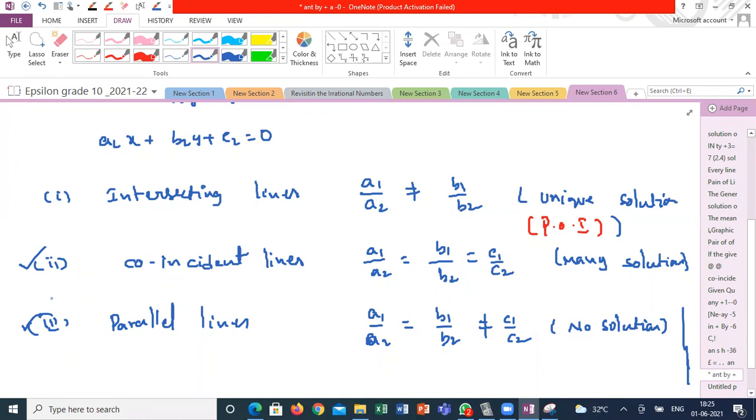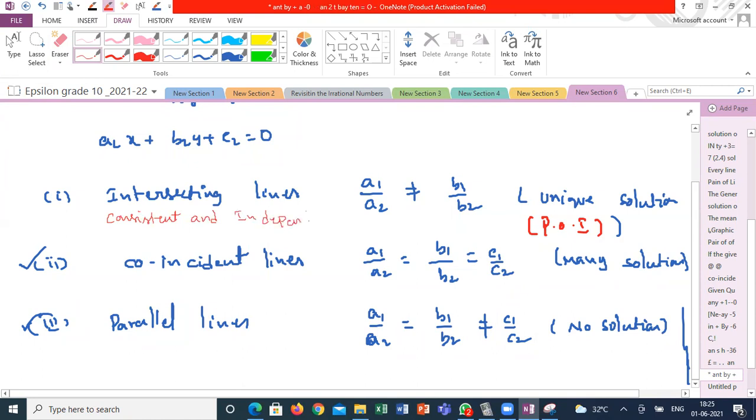The first case is called consistent and independent. Second case is called consistent and dependent. Condition for consistent and independent: the condition is A1 by A2 is not equal to B1 by B2.